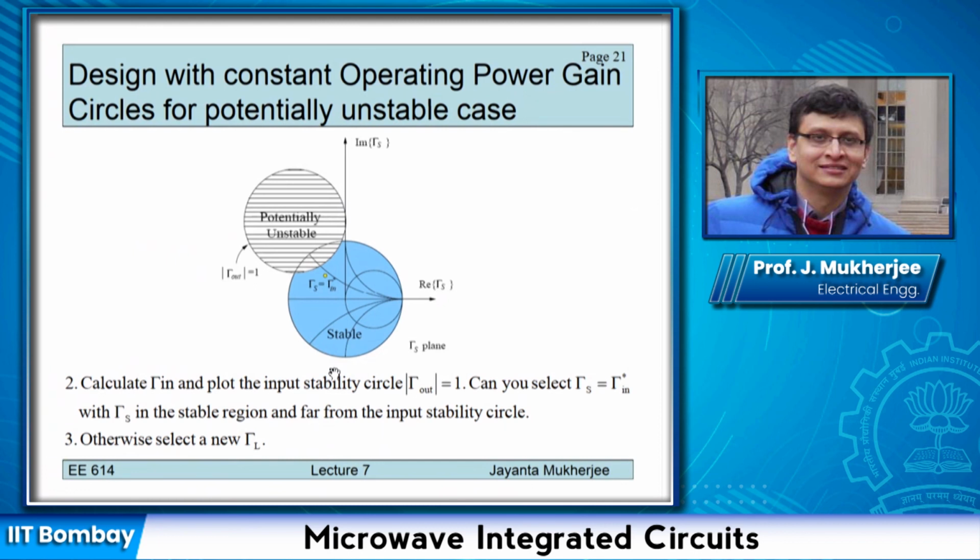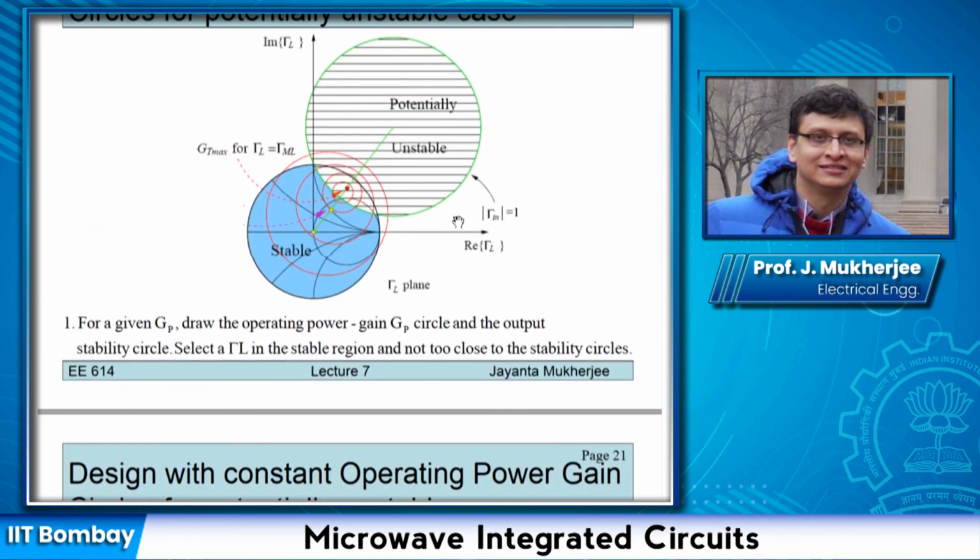That is, we go back to this diagram. We select a value of gamma L which is again in the stable region but different from the previous one.